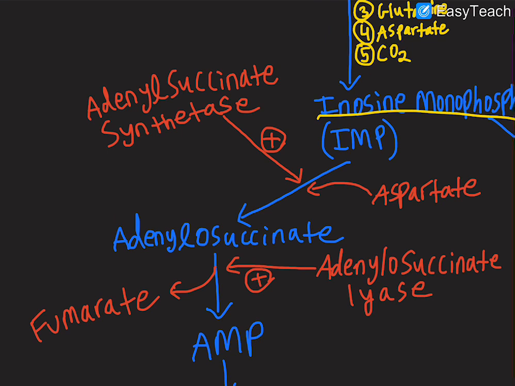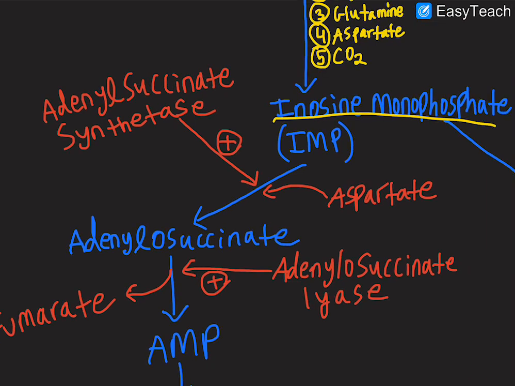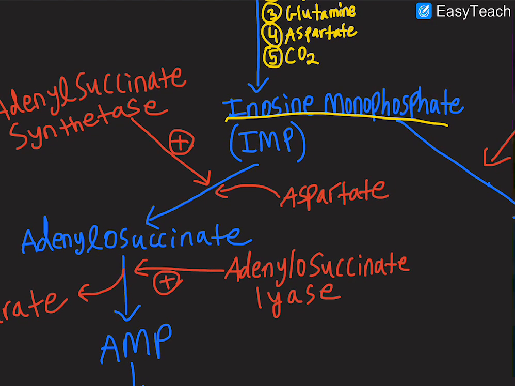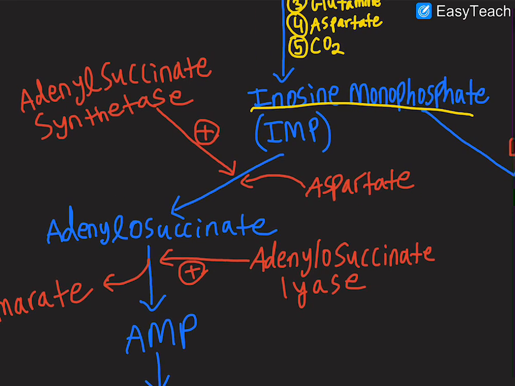In that process, we let go of a fumarate molecule, which you can use in the Krebs cycle, for example. And just to be consistent, when we convert IMP to adenylosuccinate, we're using an aspartate molecule along with adenylosuccinate synthetase.